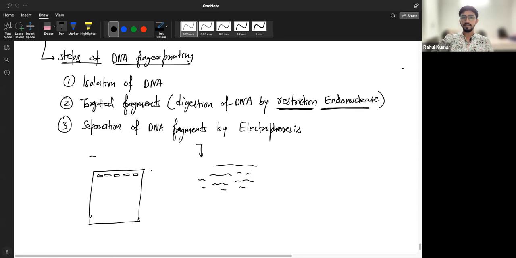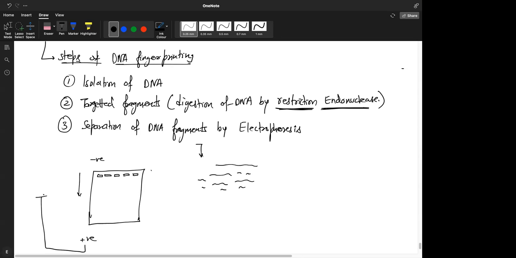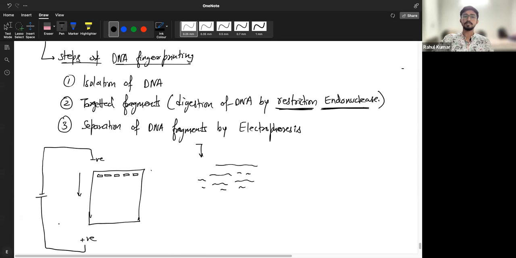So you will apply negative charge here and positive charge here, in a circuit. Now, because DNA is negatively charged, it will move away from the negative terminal because negative repels, and it will move towards the positive, right? This will be the direction of movement.